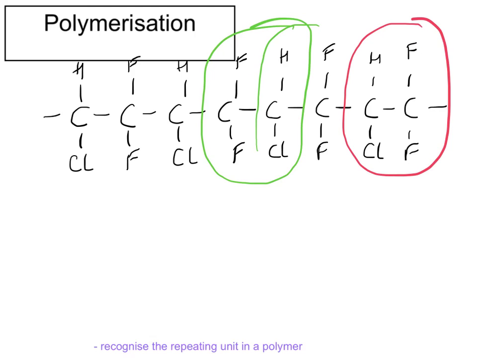And actually, it doesn't matter which one you choose as being the repeating unit. So that is the repeating unit, and where you draw it is the following. So either it's going to be this, or if you choose the other one, it's going to be this.